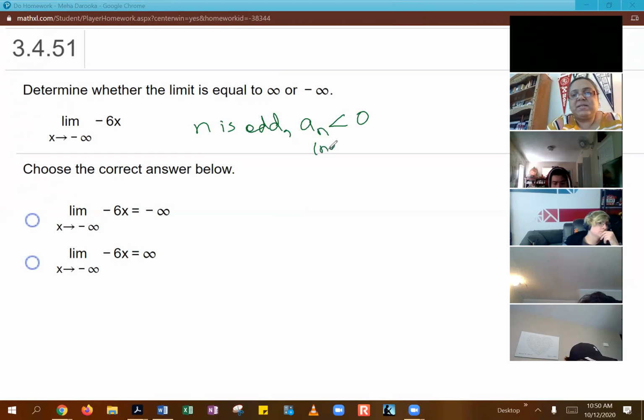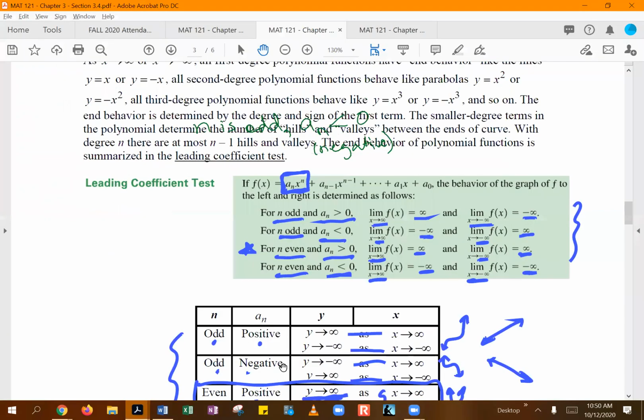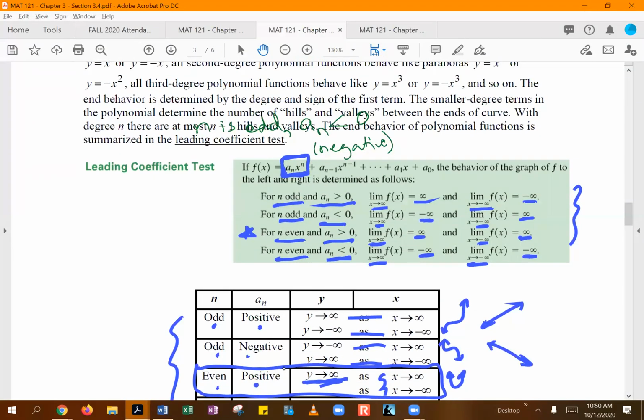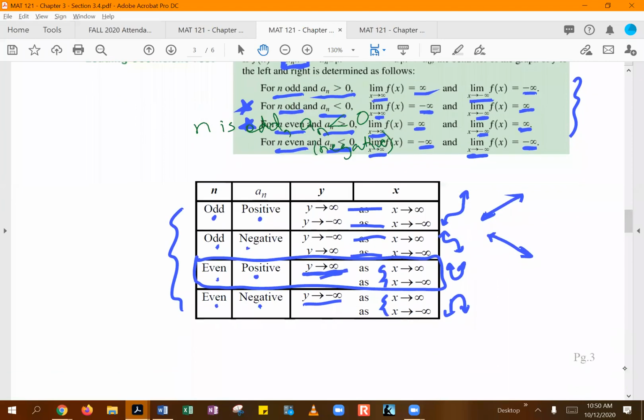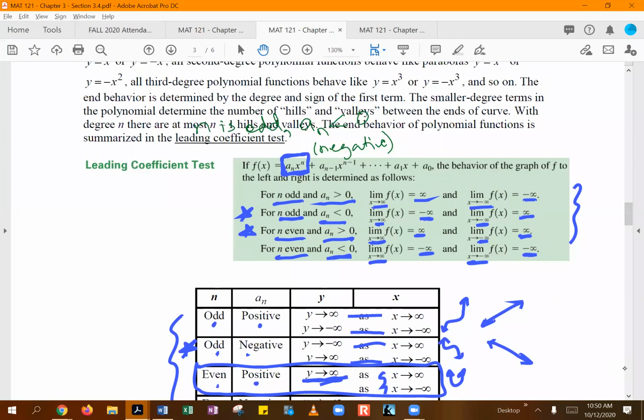So basically you can see you have odd and negative. So again, if we come back to our table over here, when it's odd and negative, you are looking at case 2. So when x goes to positive infinity, y goes to negative infinity. And when x goes to negative infinity, y goes to positive infinity.